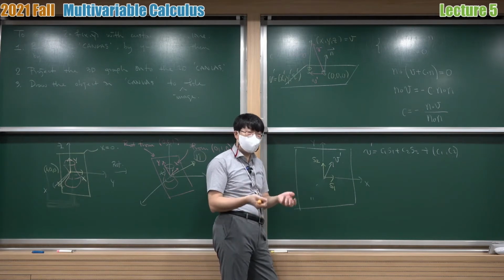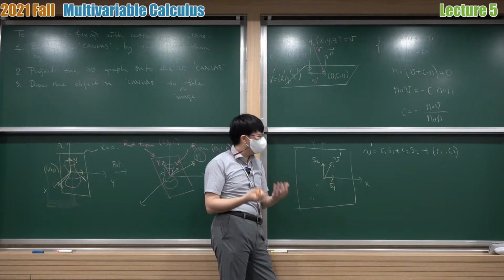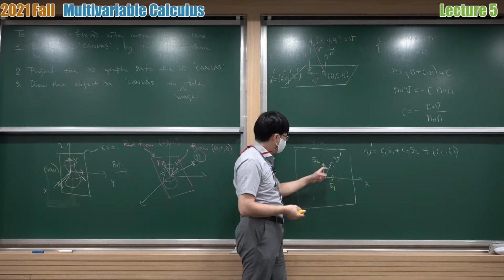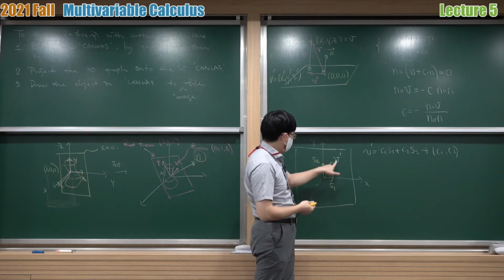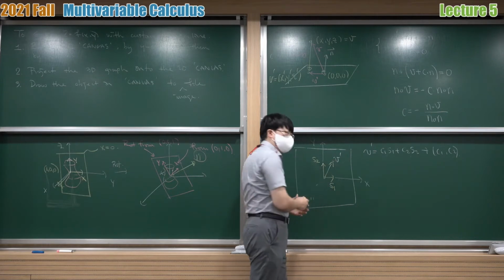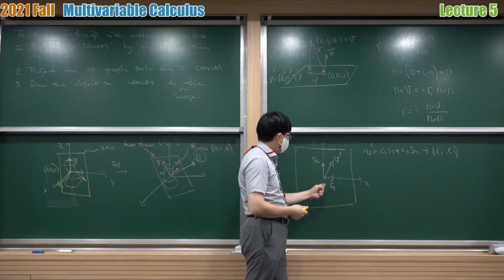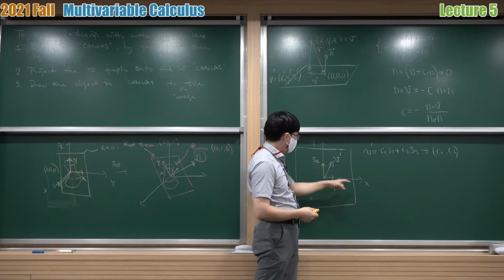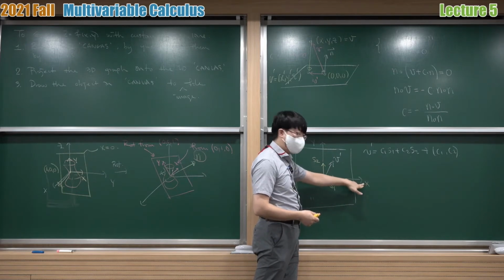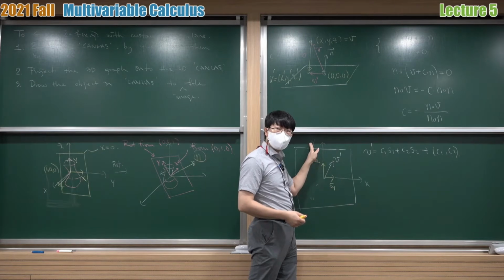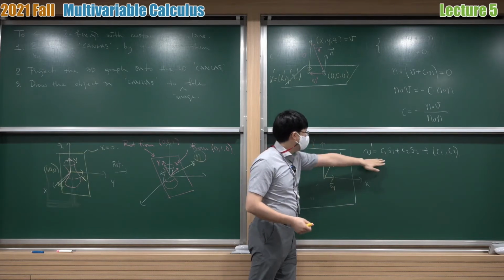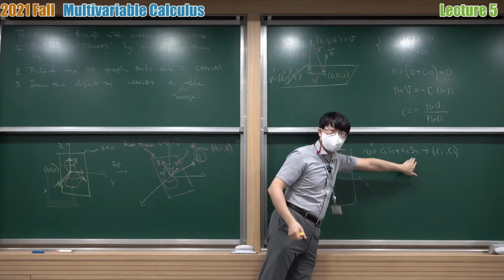We have to find out the coordinates. A vector in this plane is given by a linear combination of two vectors, which are the unit vector in the x direction and the unit vector in the y direction. And these coefficients are the x and y coordinates.